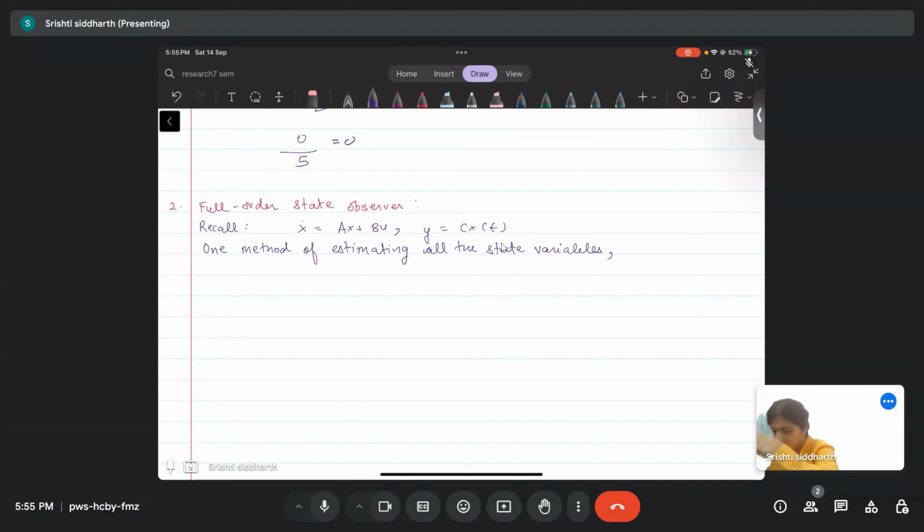How do we construct estimators? We construct a model of the plant dynamics.